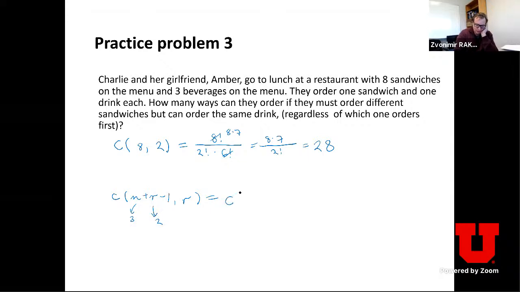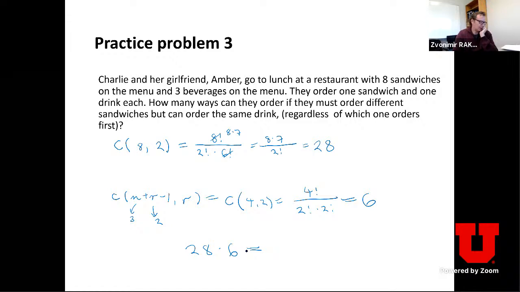So that is equal to 4 choose 2, which is 4 factorial divided by 2 factorial times 2 factorial, and that is equal to 6. And so the final count is 28 times 6, which is equal to 168.